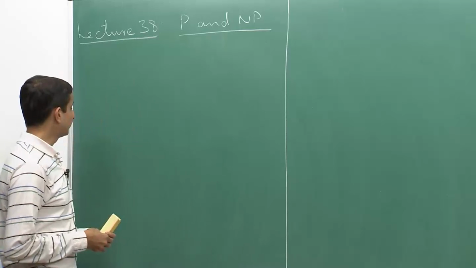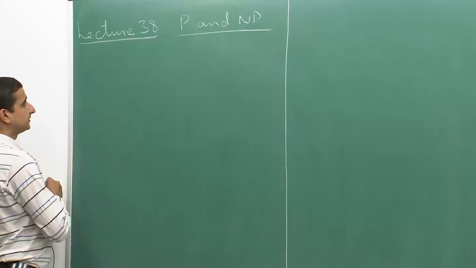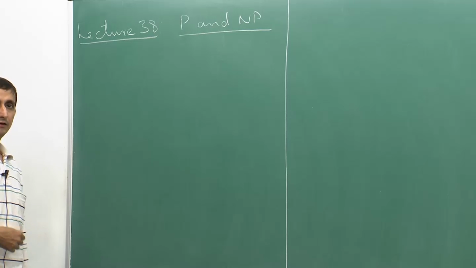Okay. So, in our last lecture we saw the definition of P and NP using Turing machines.